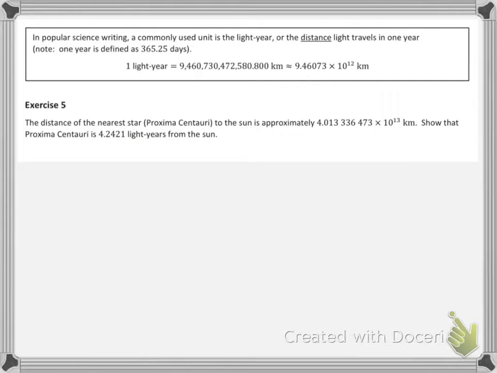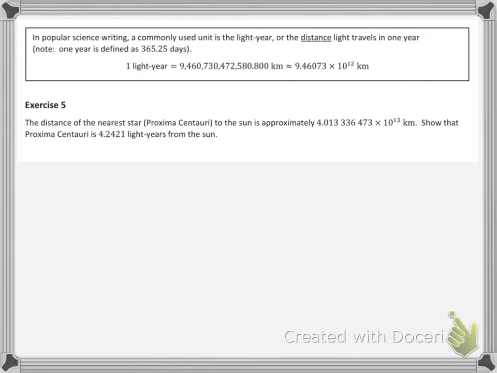In popular science writing, a commonly used unit is the light year, or the distance light travels in 1 year. So we're going to use 1 year as 365.25 days to be really precise. So 1 light year equals a large amount of kilometers, or 9.46073 times 10 to the 12th kilometers.